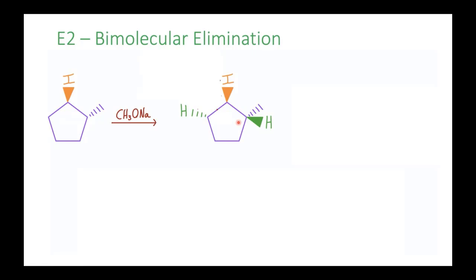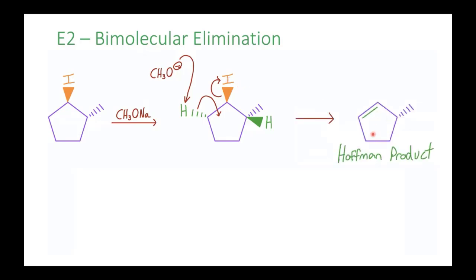The reaction is a bimolecular elimination, but it is a concerted reaction, just like SN2 is. So it will abstract the hydrogen, the hydrogen will give its electrons to form a double bond here, and at the same time it will kick this leaving group, our iodine, off the molecule.